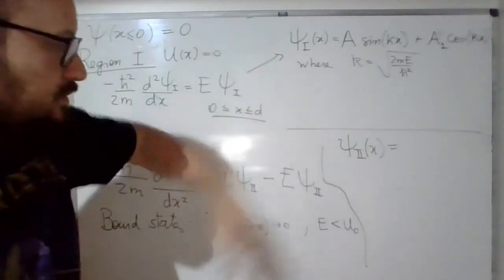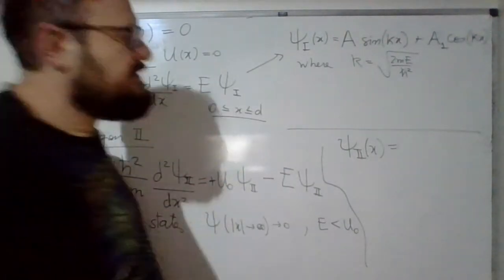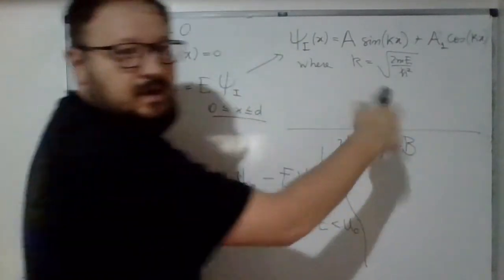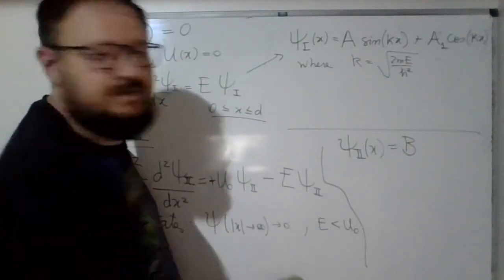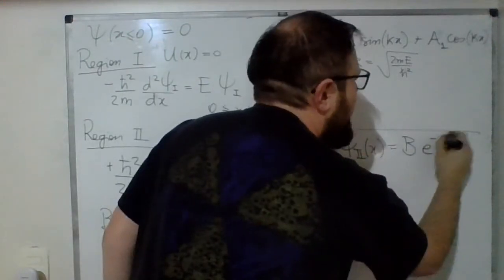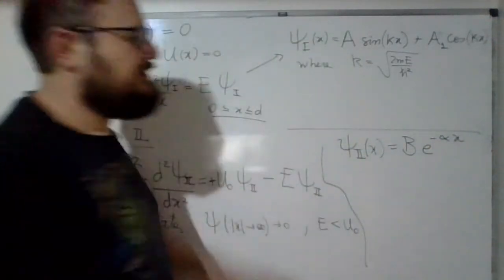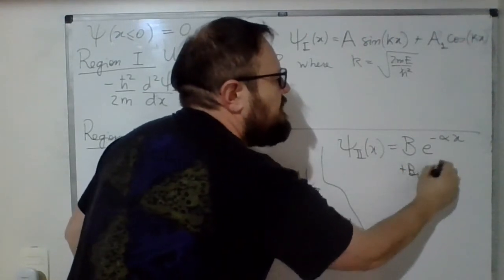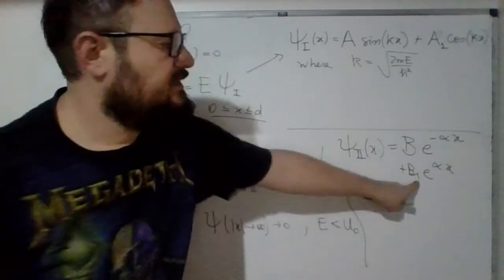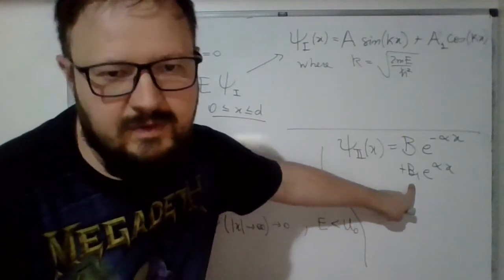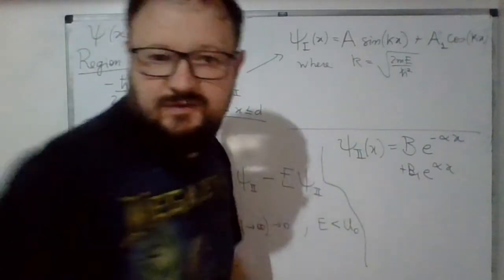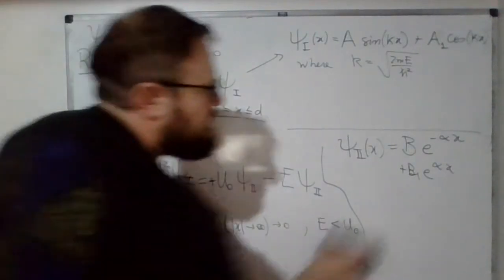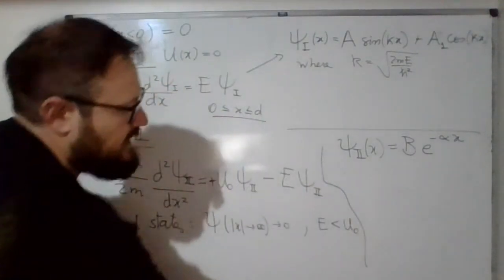So you need to eliminate that part of the solution, and you have some constant B, to be determined, times the exponential of minus alpha x. You could have some B1 times the exponential of alpha x, but this B1 must be zero. Otherwise, your solution will diverge at infinity. So we eliminate that part.